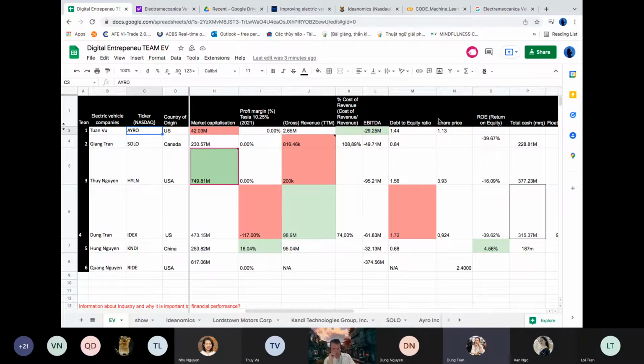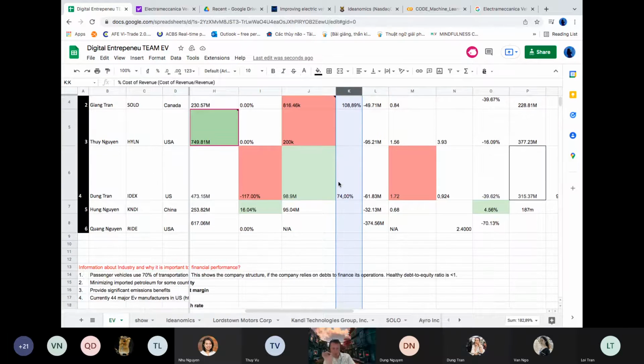We haven't decided which are the most important, but we think these are the important ones. So why have some of you got cost of revenue and some of you don't? Sorry, what? Column K. Oh yeah, because we just decided to put this in. Some of our friends didn't have time to calculate it.